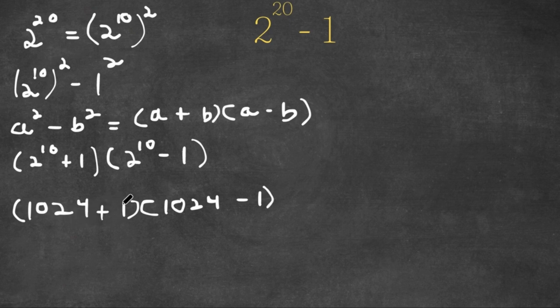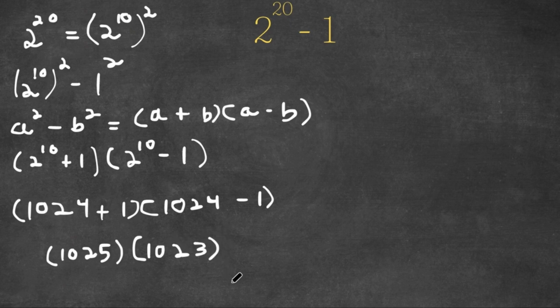Now 1024 plus 1 is simply 1025, and 1024 minus 1 is 1023. So we have 1025 times 1023.